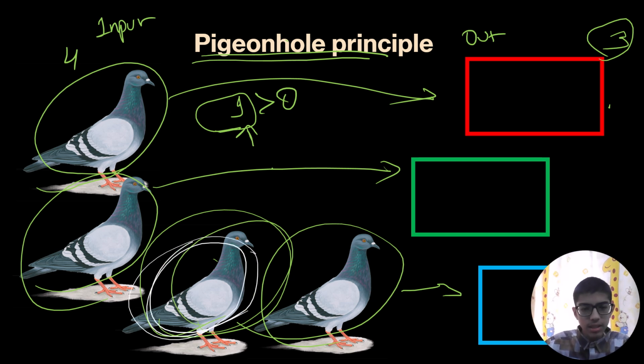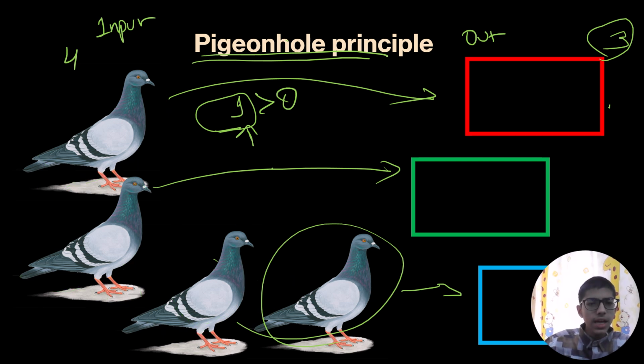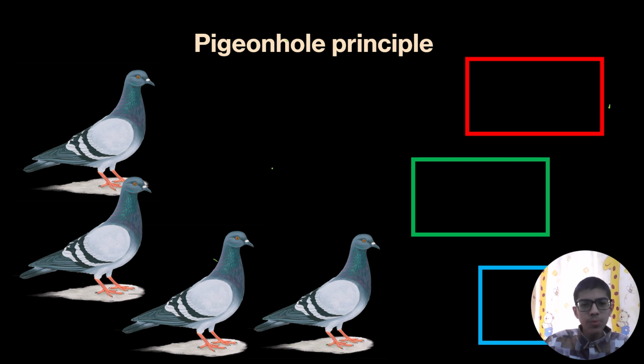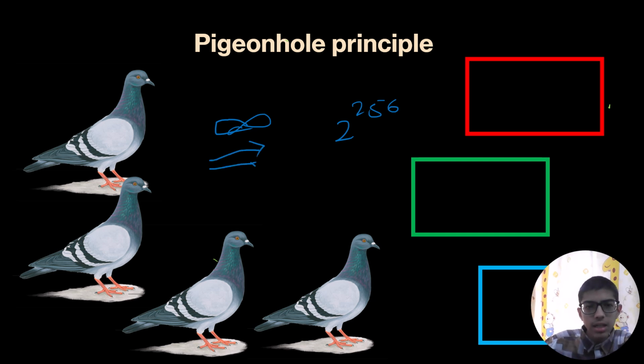Now, how this connects to our hash value is that if I have an infinite number of inputs, my input space is infinite and my output space is limited to, for example, 2^256 for SHA 256. Now, by the pigeonhole principle, at least two different plain texts produce the same hash.